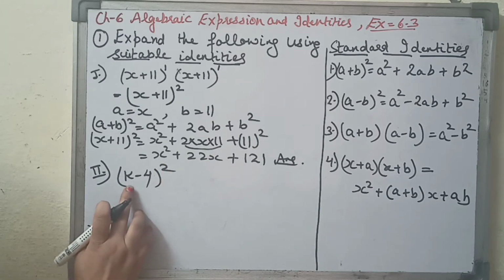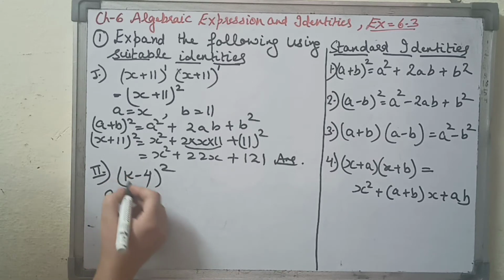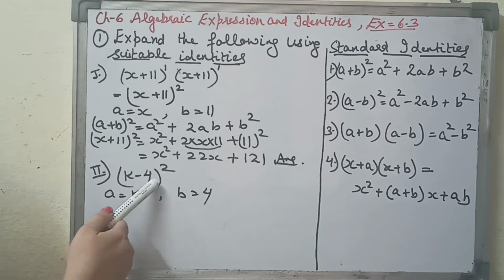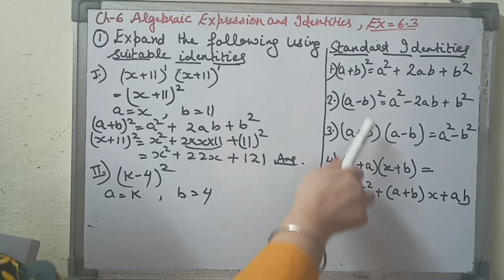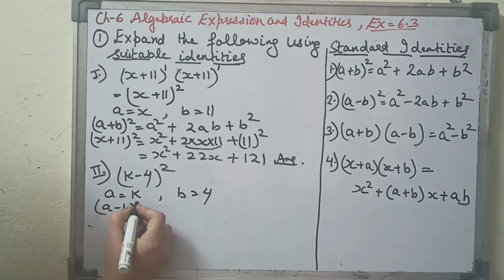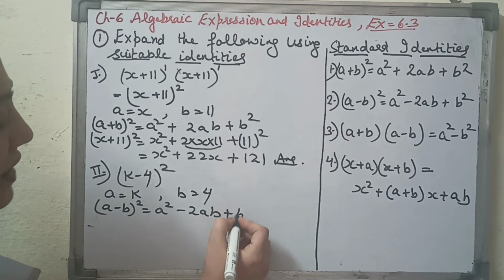Now come to the second part, that is (k minus 4) whole square. Again write down the first term. First of all, this is a. A is k and b here is 4. Now which identity are we using here? According to this second identity. Now write down this identity first of all, that is (a minus b) whole square, a square minus 2ab plus b square.